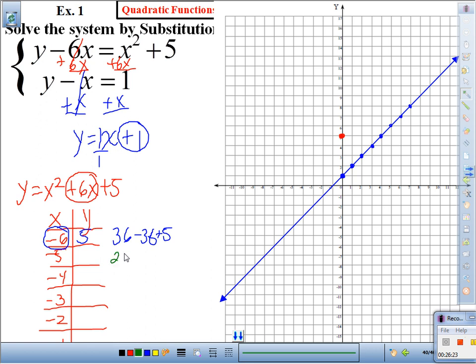What is -5 squared? 25. What is -5 times 6? -30. Bring down the +5, combine like terms, so this is 0. Next, what is -4 squared? 16. What is -4 times 6? -24, bring down the 5. 16 plus 5 is 21, minus 24, that's -3.